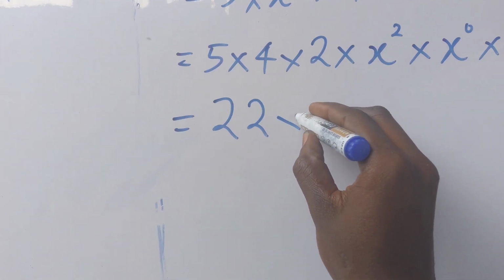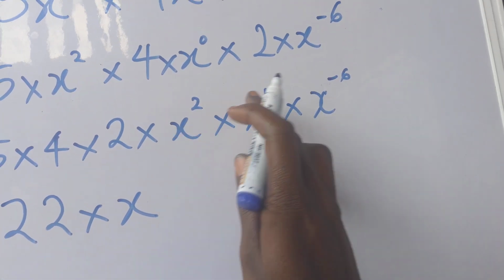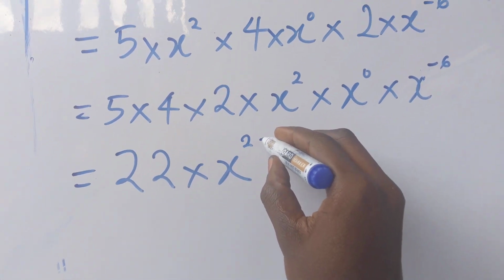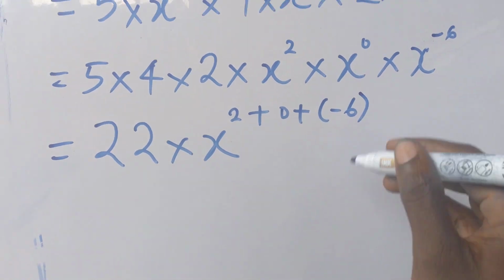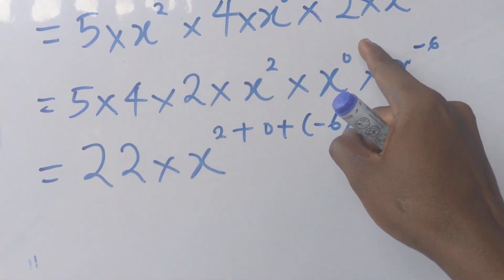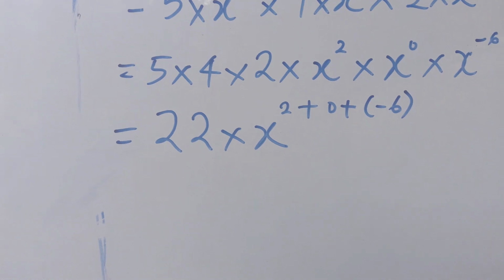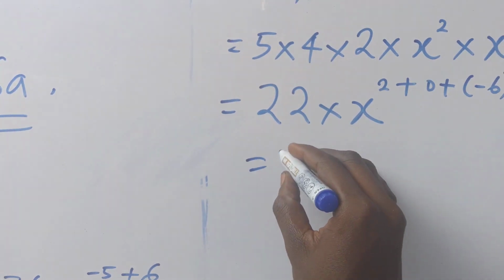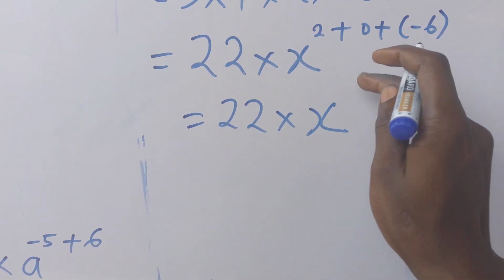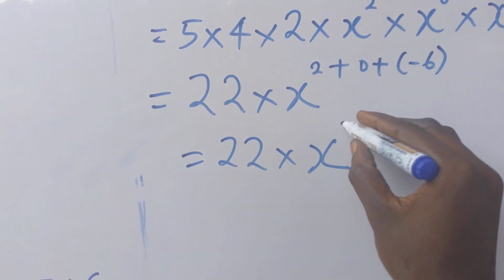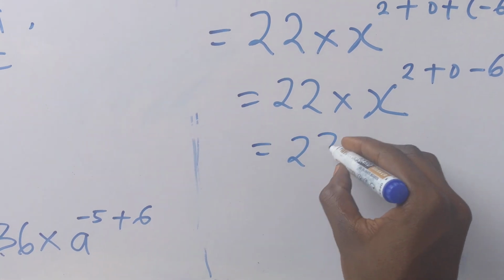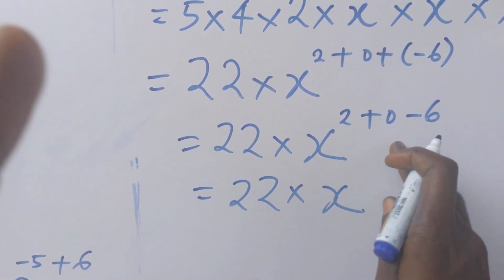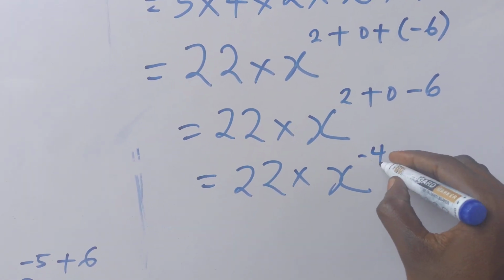And it's times x raised to the power, add the powers, that is 2 plus 0 plus minus 6. Plus times minus is minus, that is 2 plus 0 minus 6. 2 plus 0 is 2, 2 minus 6 is minus 4.